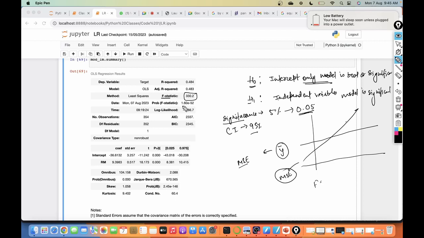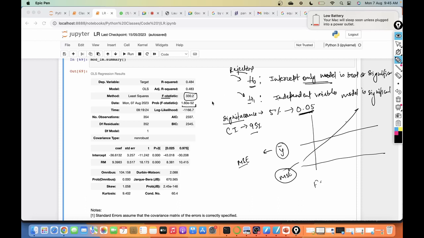Now tell me, if I'm getting a very, very low p value for the F, which condition are we falling under? We are falling under this condition. So yes, we are rejecting the null hypothesis and accepting the alternate hypothesis.